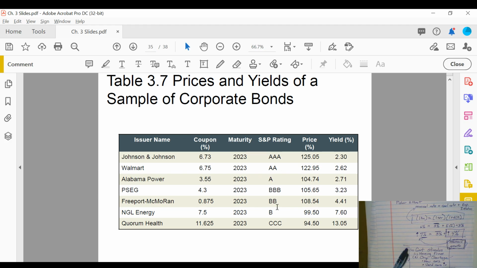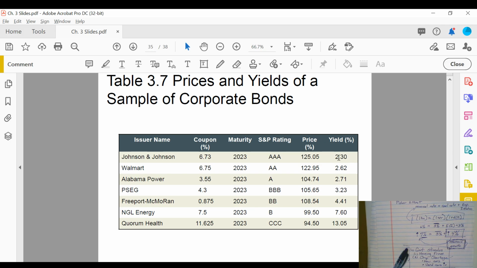Because once we look at the ratings, AAA is the best, BB is still investment grade. Anything below B is what we call junk bond status. These are really risky. So we don't pay attention to the coupon, we pay attention to the yield to maturity. The yield to maturity reflects the default risk.